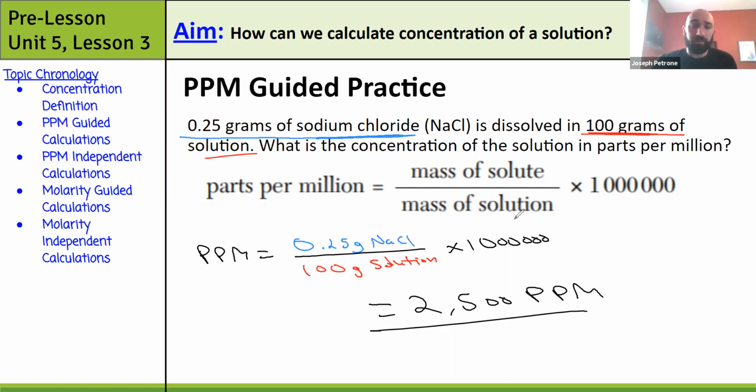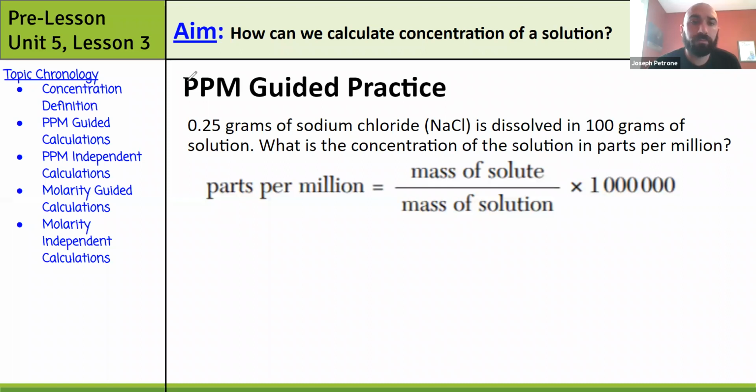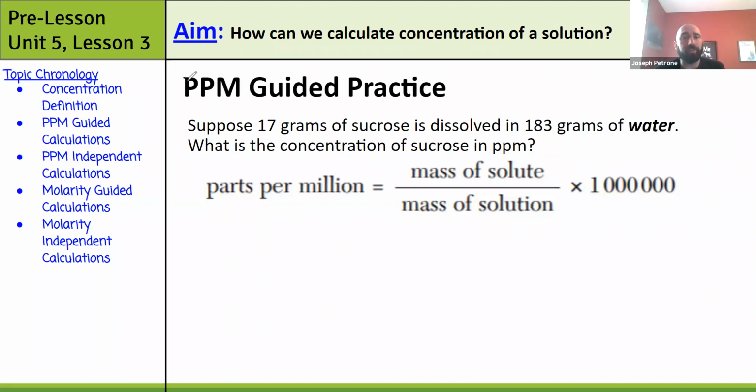Right. So let's take a look at another one. I'm just going to clear this and we're going to move on. Okay. So this one says, suppose 17 grams of sucrose, so a type of sugar, is dissolved in 183 grams of water. What is the concentration of sucrose in parts per million? Once again, we have our formula, and let's identify our solute and solution.